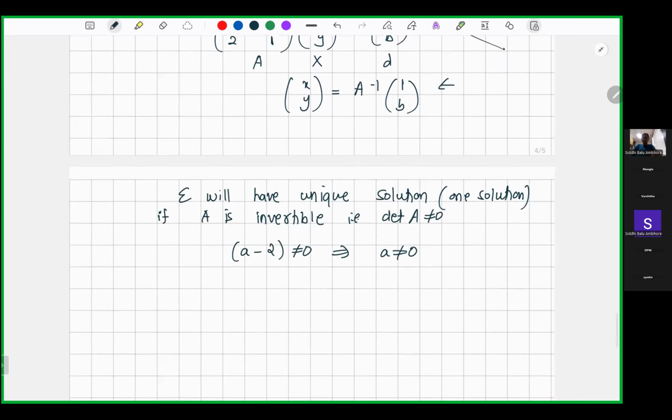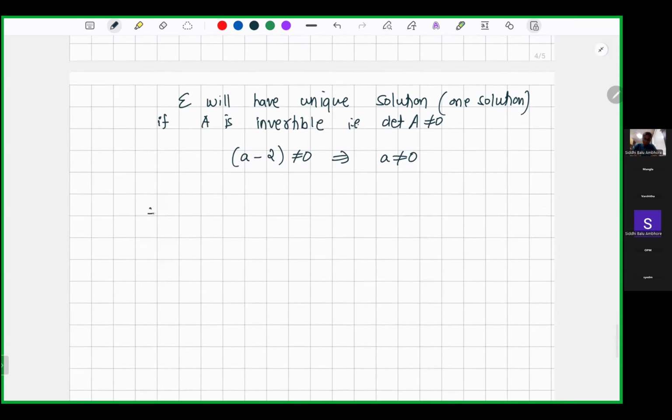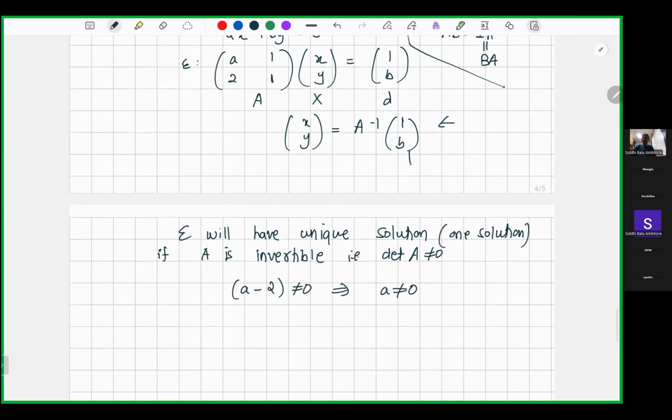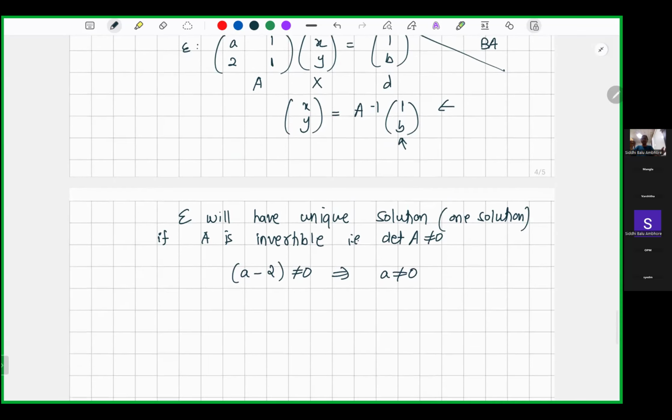Note that in this case it does not matter what B is. B could be anything in my field K, and this will still hold, because in that case the matrix A has an inverse and I'm multiplying by the inverse here and getting the unique solution, the one solution.